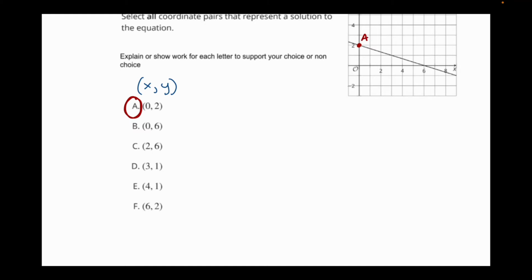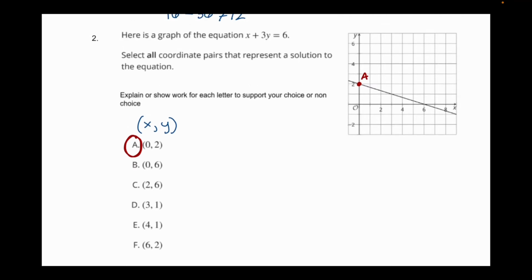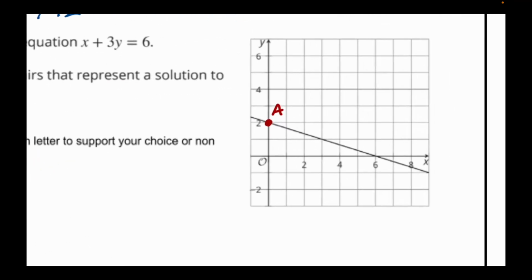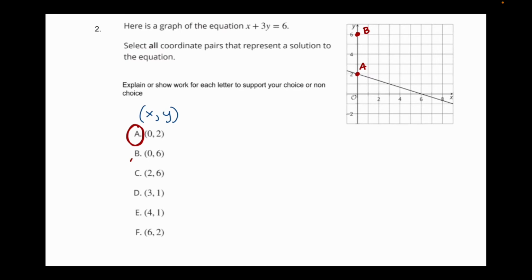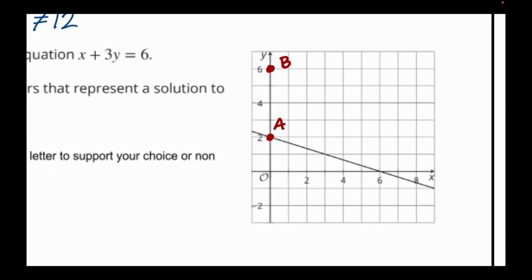Now, if we did 0, 6, still 0 left to right, but then on our graph, we would go all the way up to 6 on the y-axis. This is B. Not going to work. C is 2, 6, so we would go 2 spaces right, and then 1, 2, 3, 4, 5, 6.